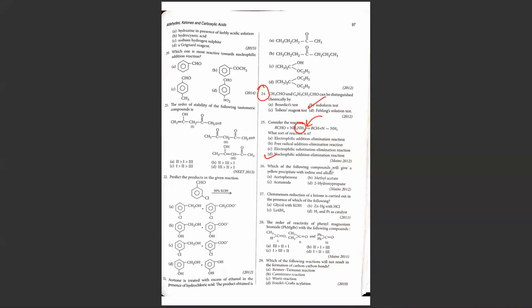Next one, which one of the following compounds will give you a yellow precipitate with iodine and alkali? Just now we saw that.